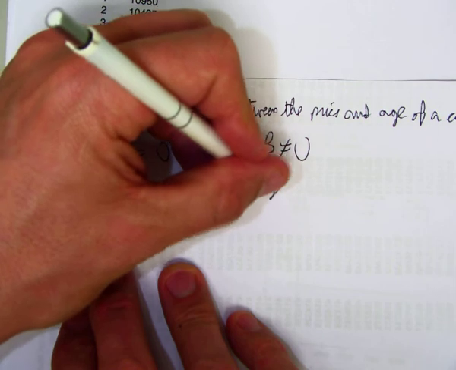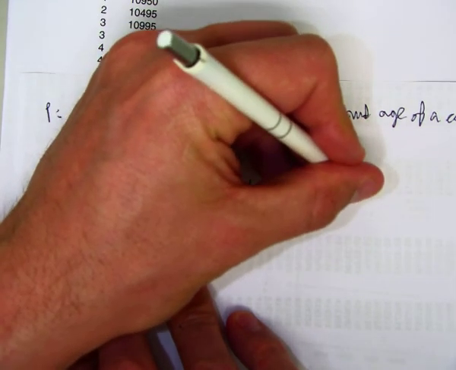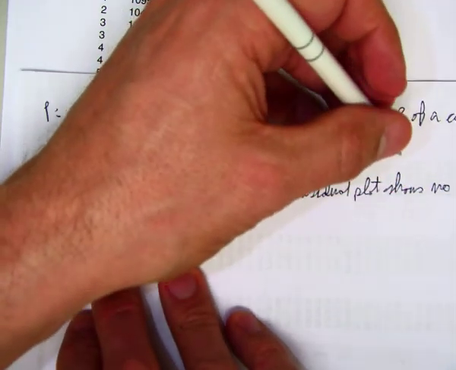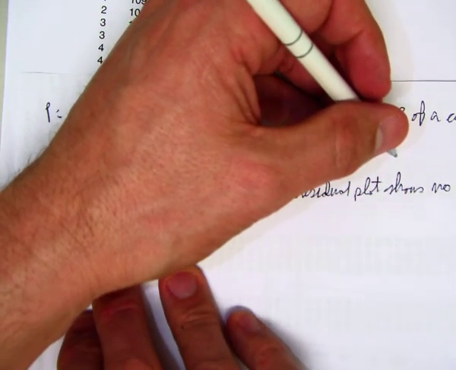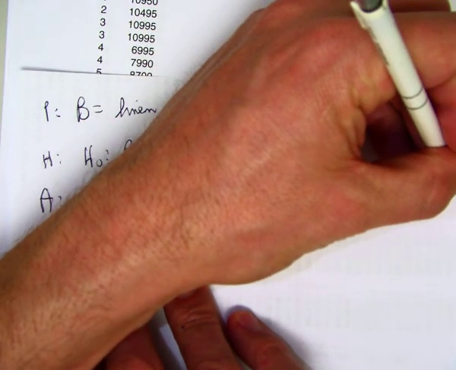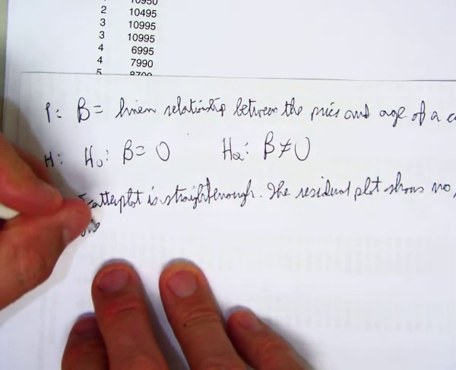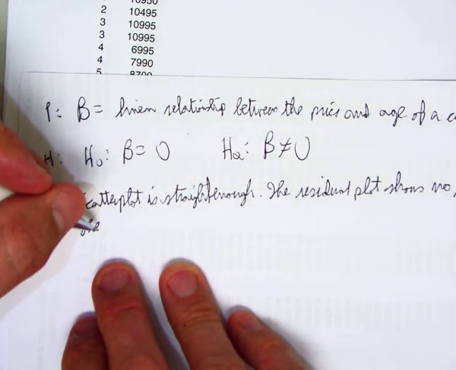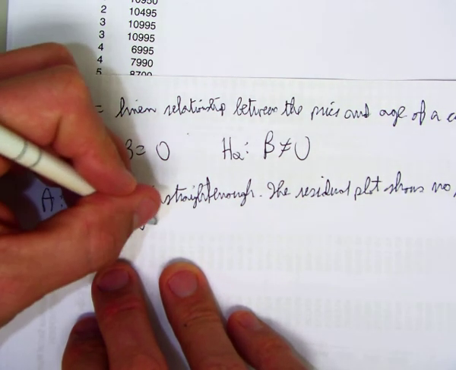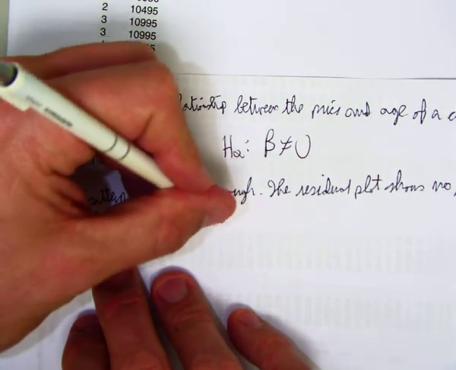The residual plot shows no pattern. Prices of cars tend to be independent.